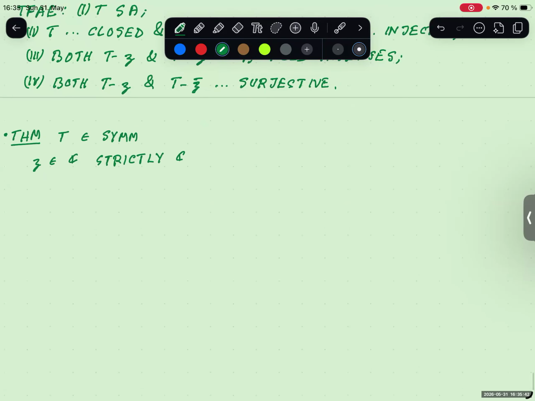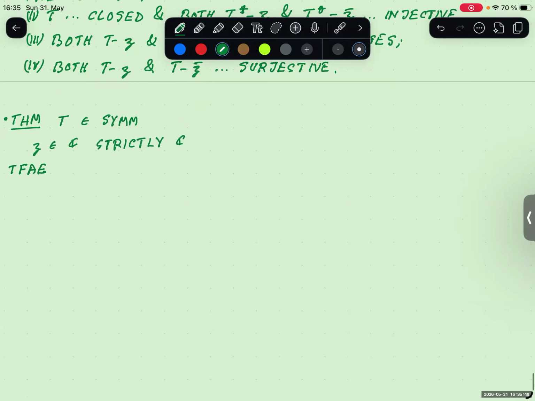So the following are equivalent. Number one, T is essentially self-adjoint.